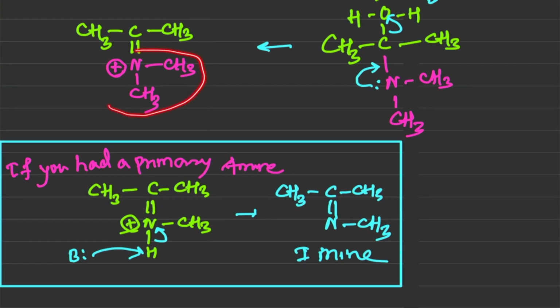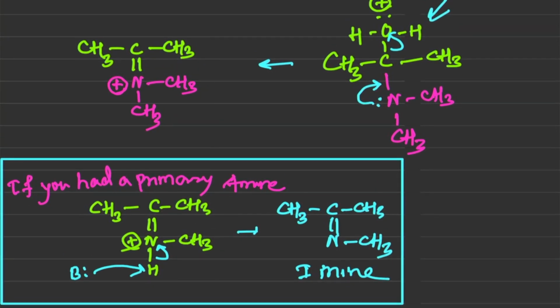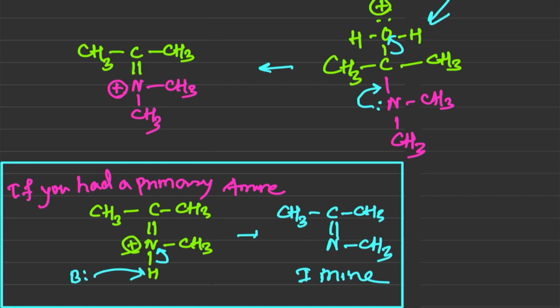But there is no proton here to be abstracted, right? So how can we do this? This is where things will slightly differ between a primary amine and a secondary amine. One of these carbon chains, since both sides are equal, it doesn't matter, so I will do this one.